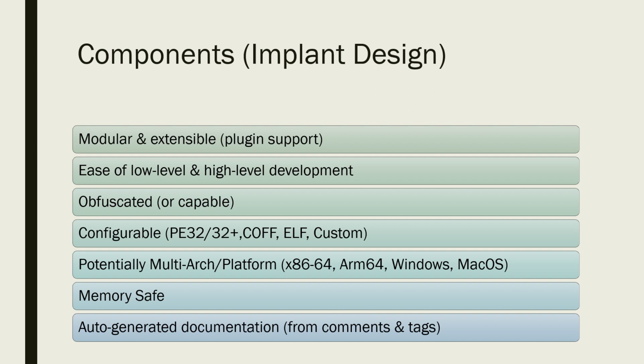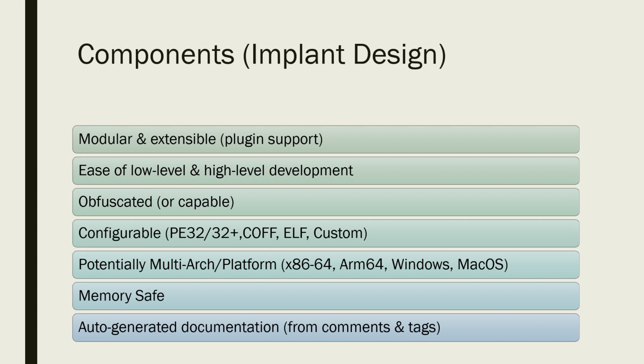You compile it with the functionality it needs at the core, and then you can even load and unload plugins at runtime as required. We want low-level and high-level development to be easy, which is partly why we're using Rust, because it's easy to mix high-level concepts with low-level interactions, including things like raw assembly even.